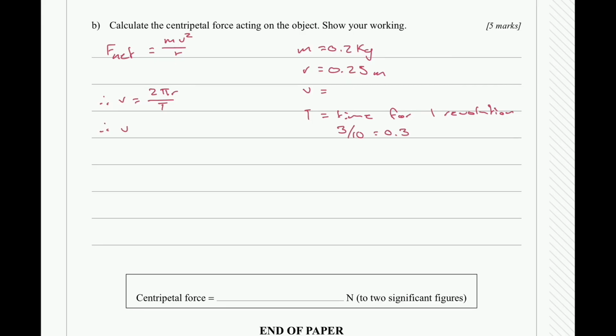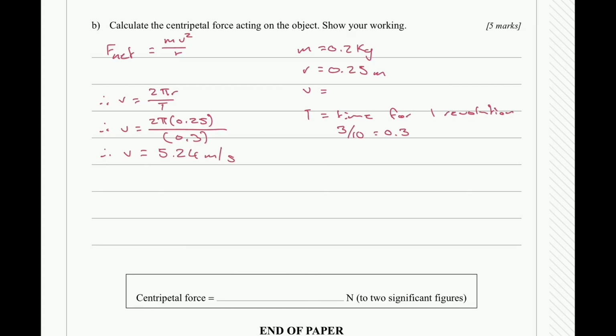So I can get velocity is equal to 2 pi times 0.25 divided by 0.3, which is then equal to, V is equal to 5.24 meters per second.